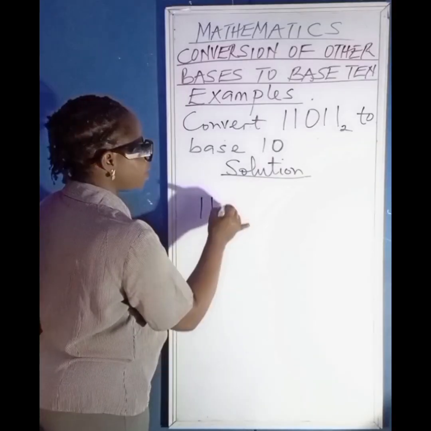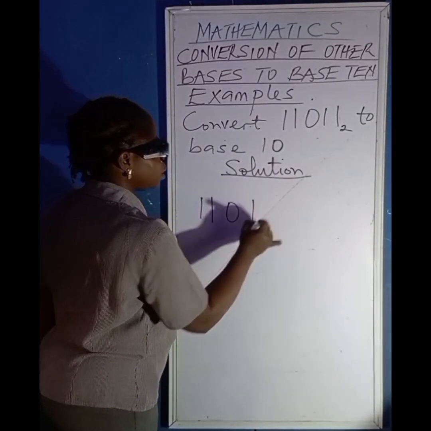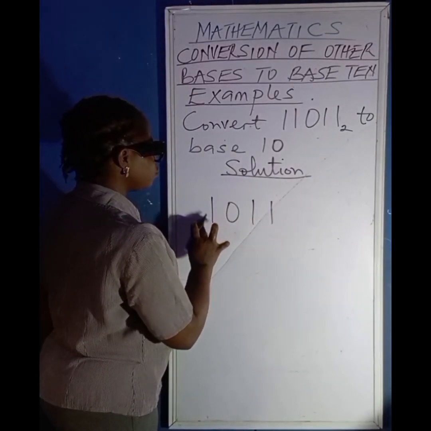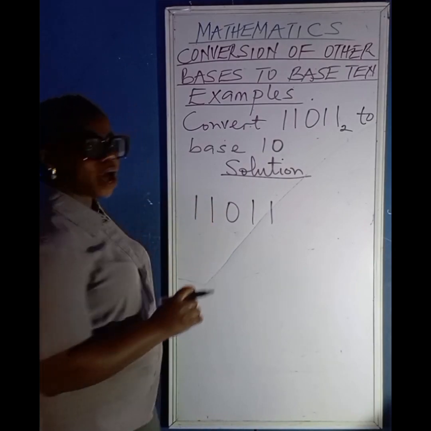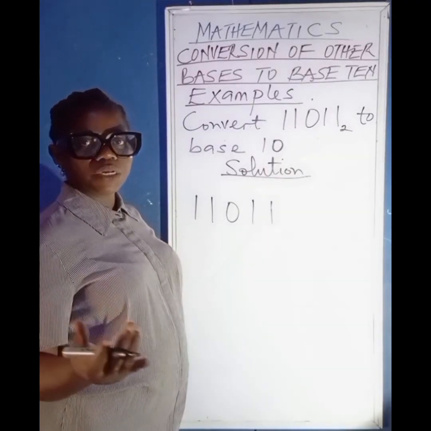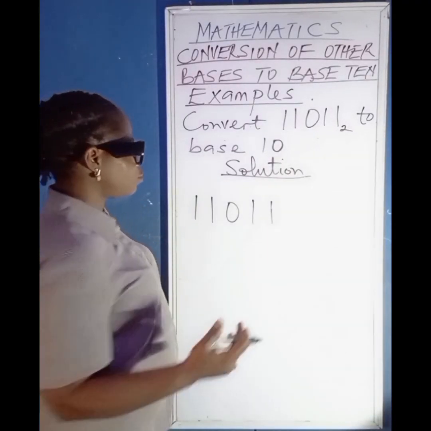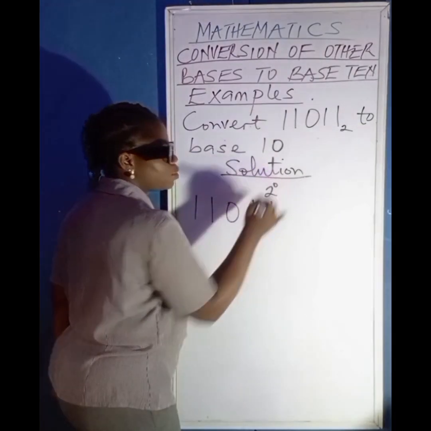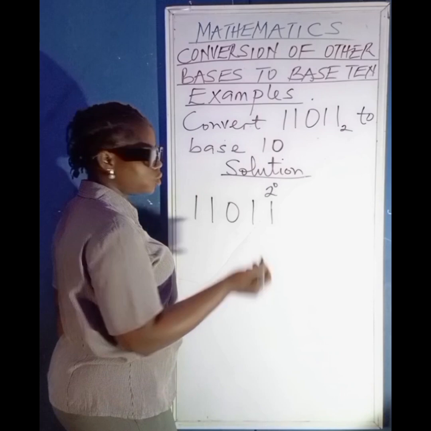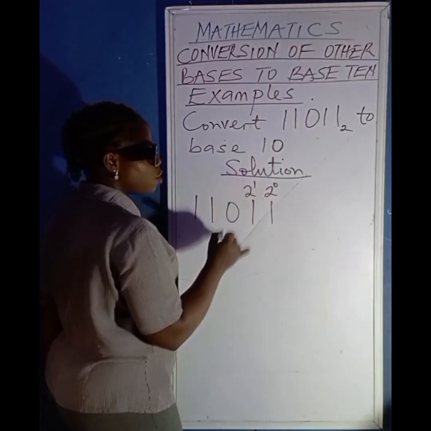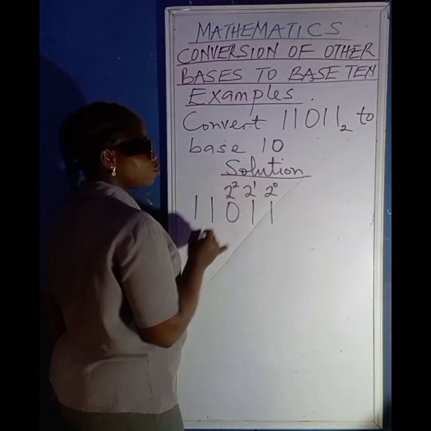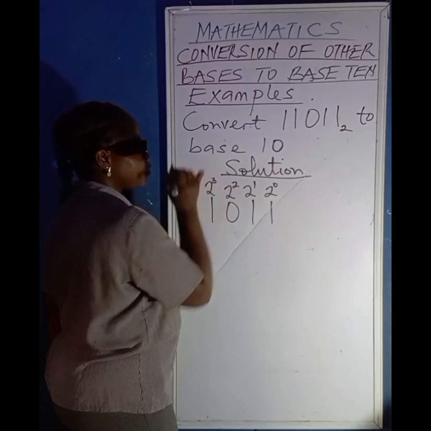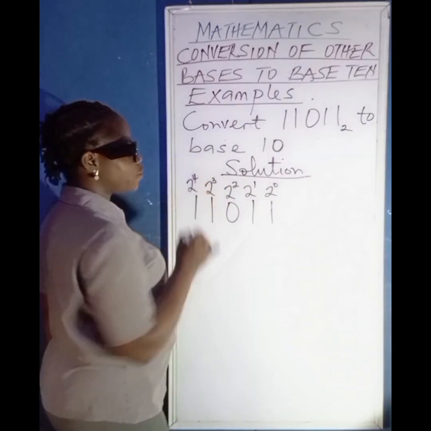Because this is a number in base 2, the place values are going to be powers of 2. Starting from the unit, this is 2 raised to 0, which is equal to 1, which is the unit. This is 2 raised to 1, this is 2 raised to 2, this is 2 raised to 3, and this is 2 raised to 4.